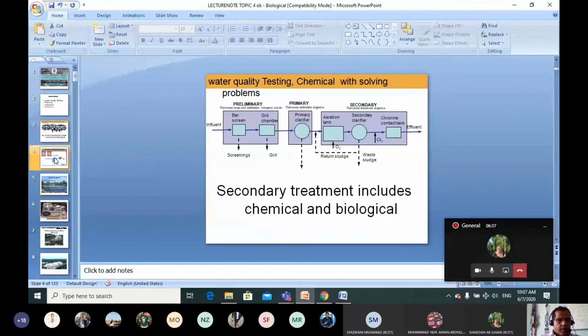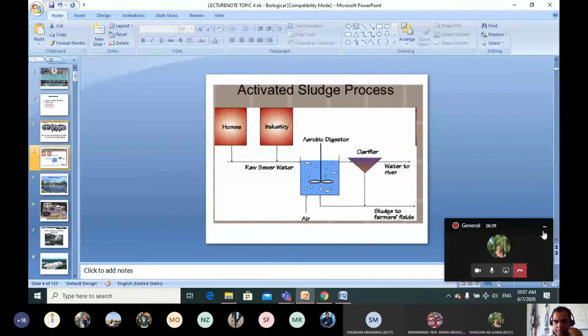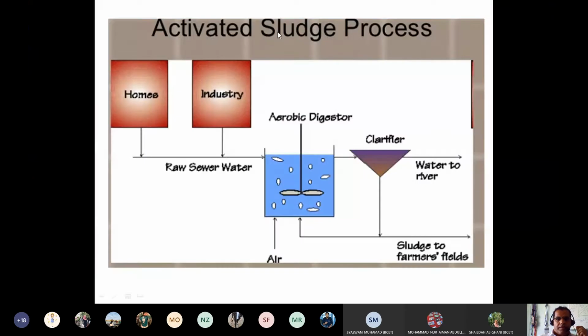Okay. Here in this one, there is one example, activated sludge. Activated sludge means that we treat waste biologically by using bacteria, and we call it activated sludge.